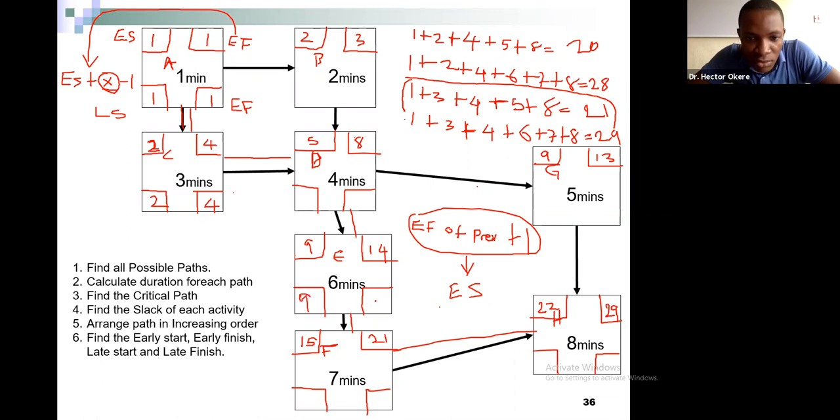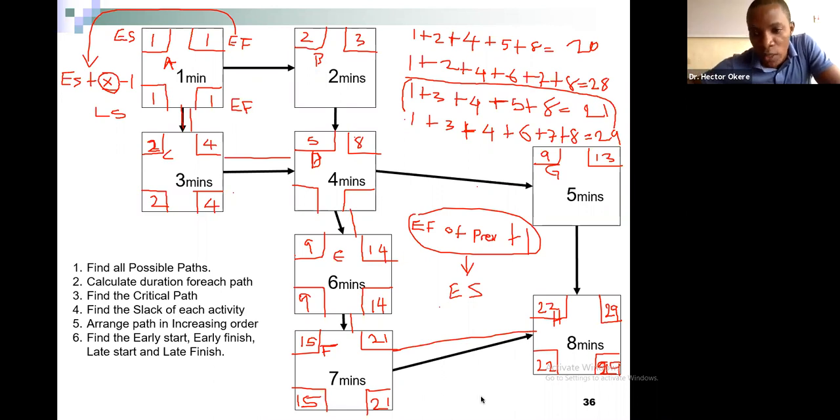You don't need to do any calculation. It is exactly the same, because slack time is 0. All right, it is exactly the same.